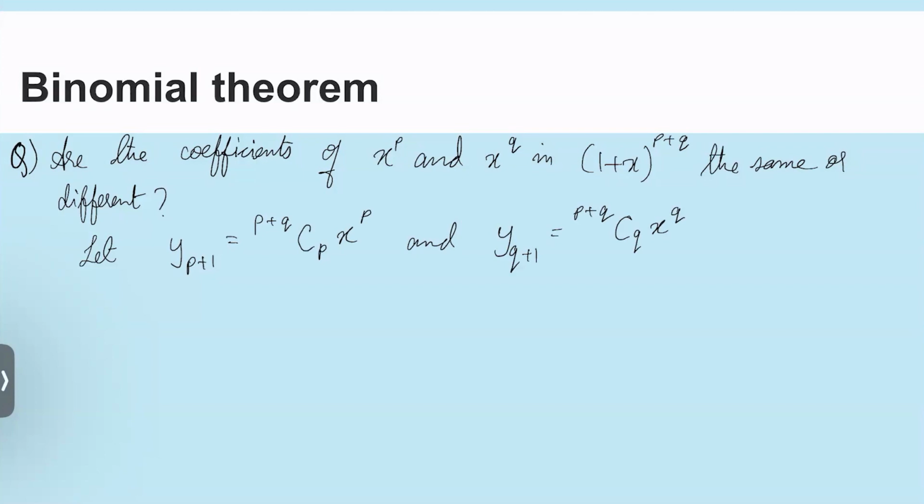Okay, so now we will try to find the coefficient of x^p and the coefficient of x^q.